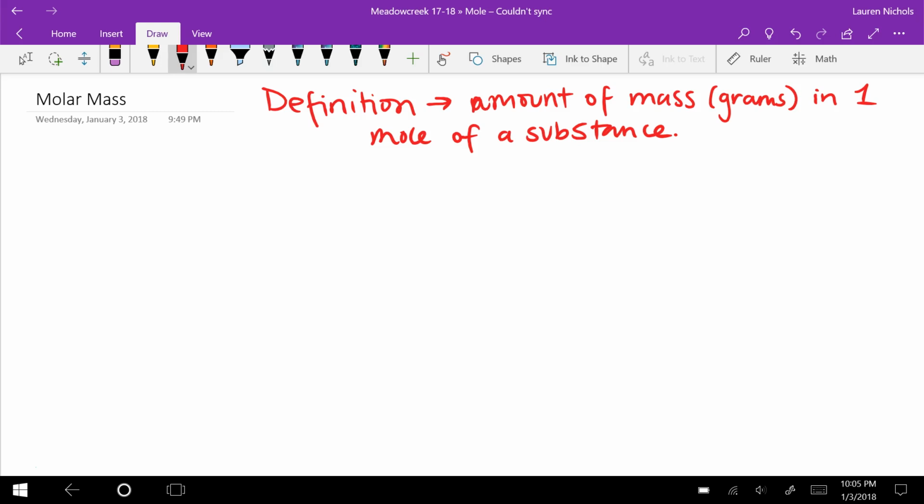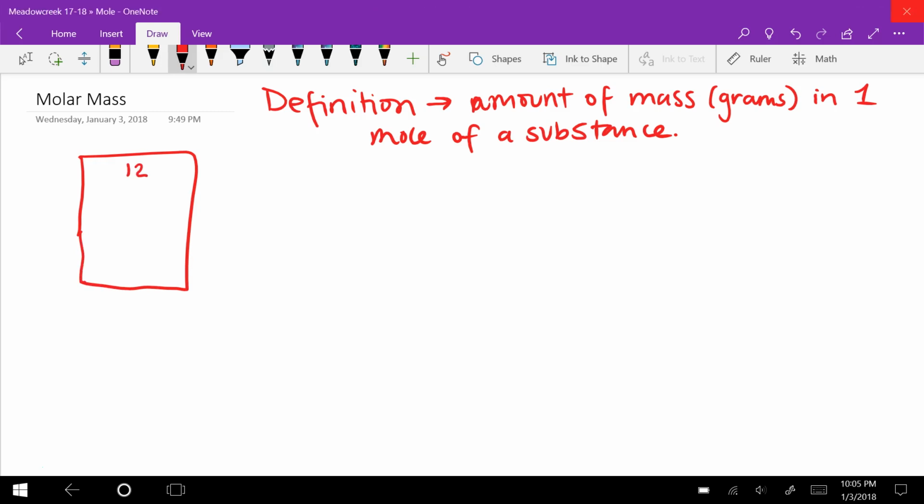But one thing that we do want to review is that if you look at any element on the periodic table, let's take carbon for example. Carbon is number 6 on the periodic table. It has an average atomic mass of 12.01.